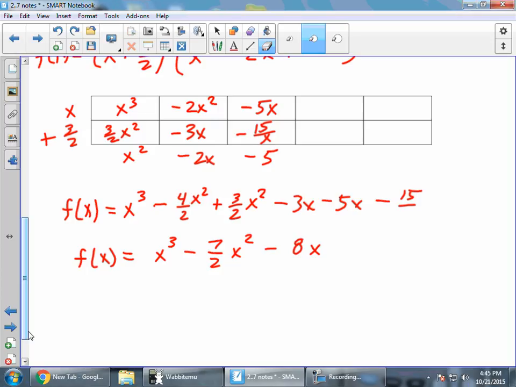Golly, it's late. You're probably laughing at your screen at home. So this is minus 15 halves. That's better. Okay, so that is a cubic equation, but it does not contain integral coefficients.